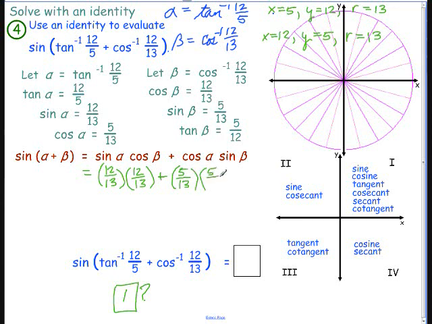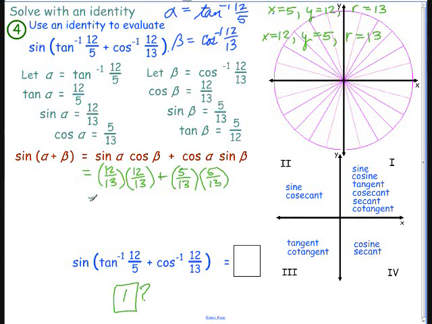Now, we expect this, don't we, when we've got complementary angles? Remember, this is the cofunction. The cosine of alpha and the sine of beta are going to be identical. We see that here.